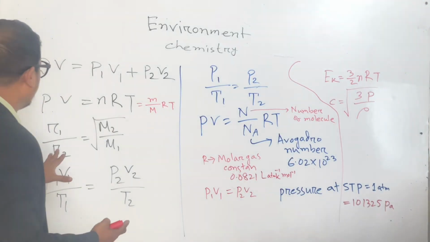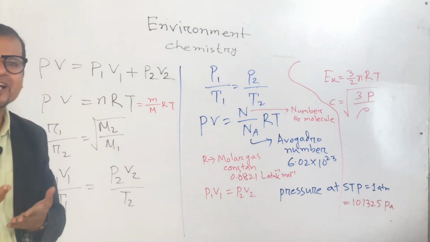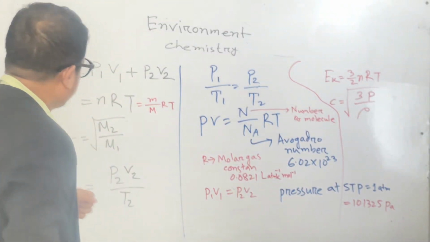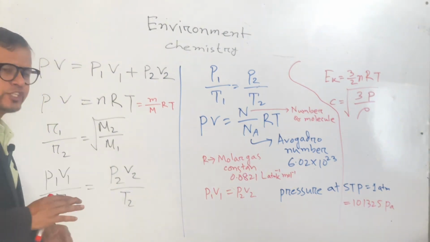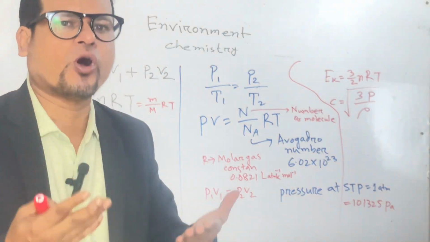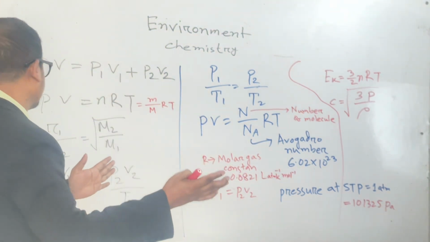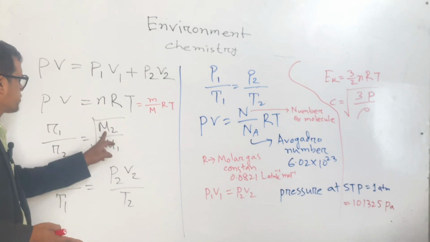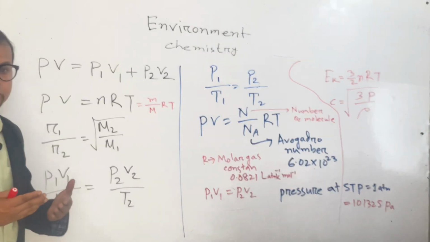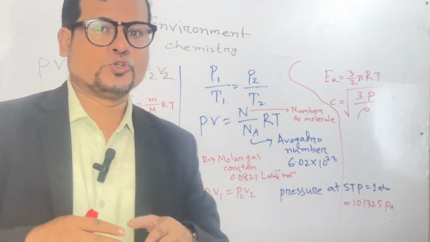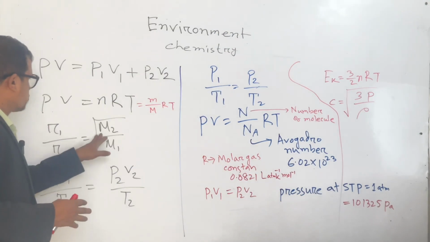It equals the root of the molecular mass of the second gas over the molecular mass of the first gas. Just by this formula, we can consider which has more or less diffusion rate. If the question gives M2 and M1, then we can compare the diffusion rates between two gases.